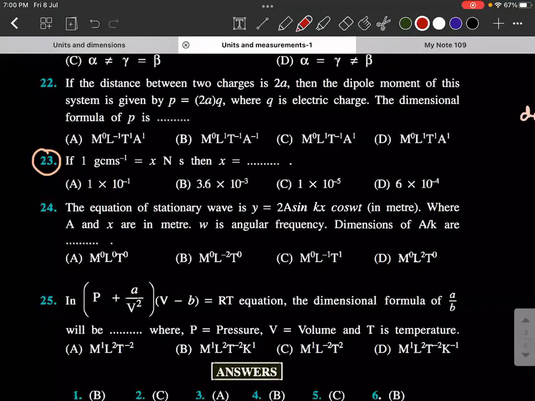Then x is equal to what? So gram centimeter per second is in which system? Centimeter, gram, second: CGS. What is the Newton system? SI or MKS system, whatever you call it. So do the conversion.